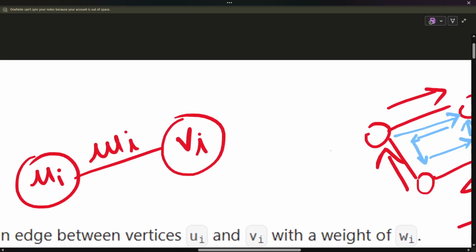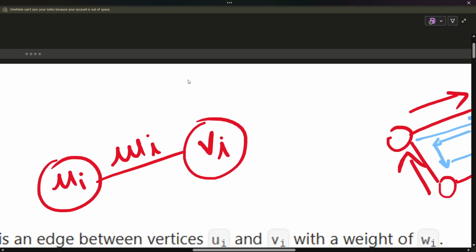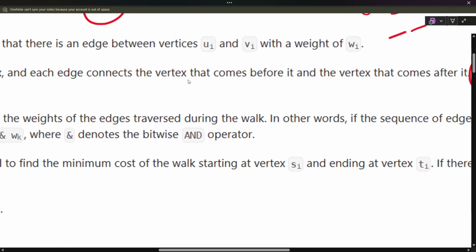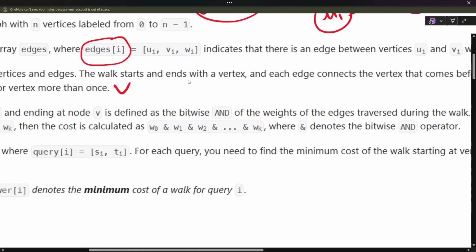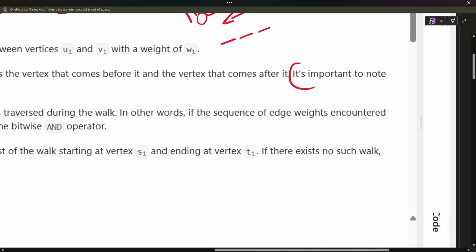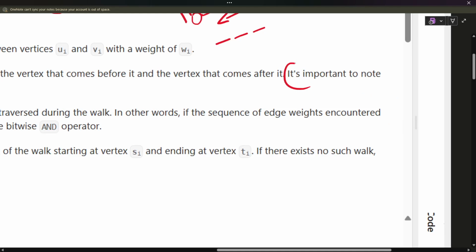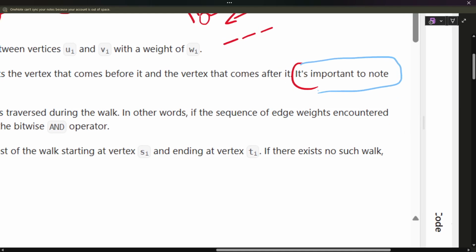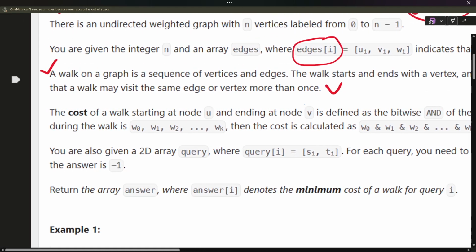So it's not necessary that the edges and vertices will only occur once. It's also written that a walk may visit the same edge or vertex more than once.